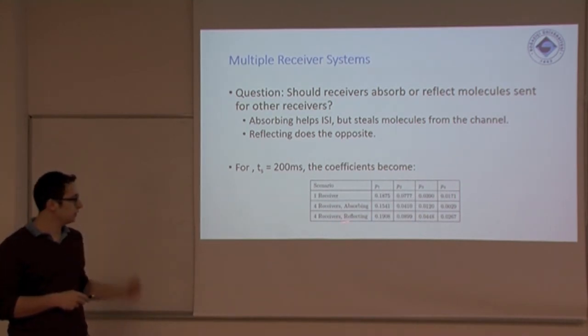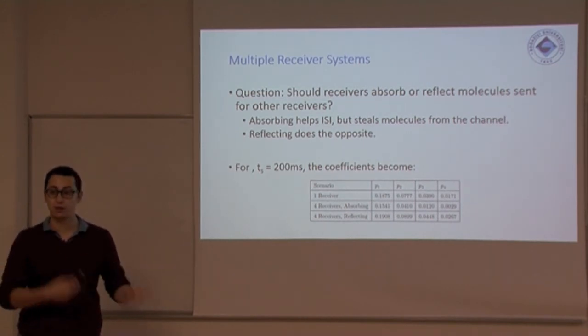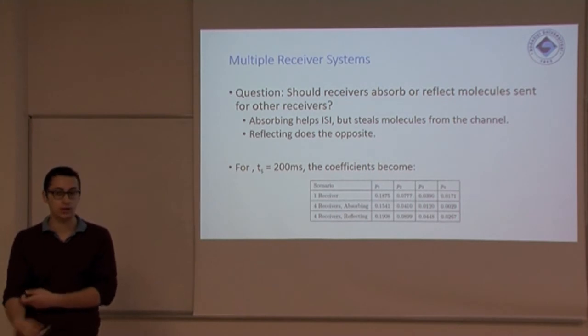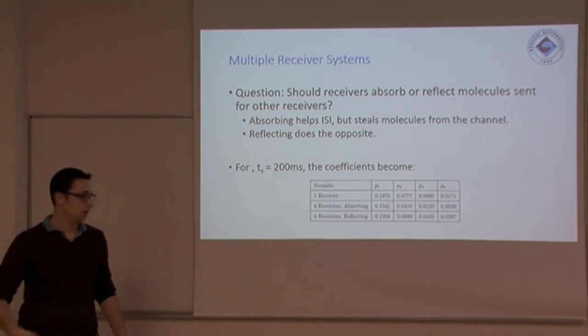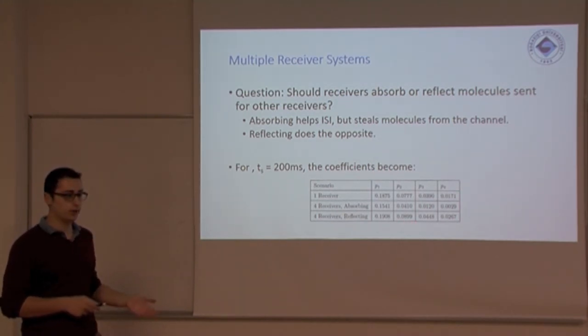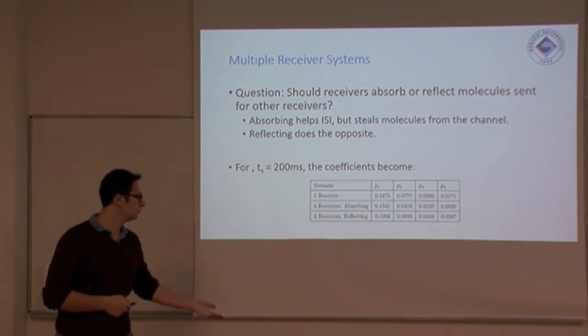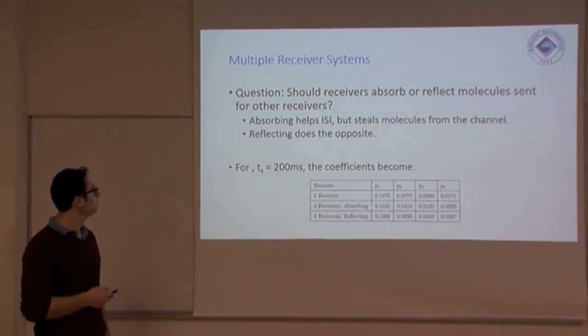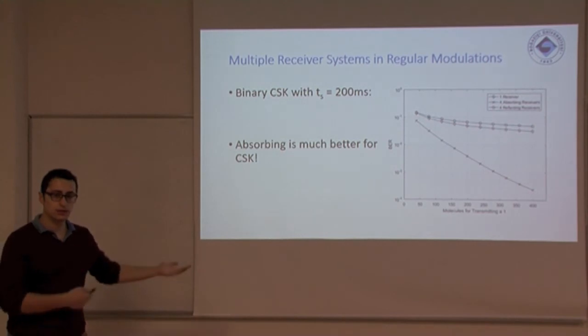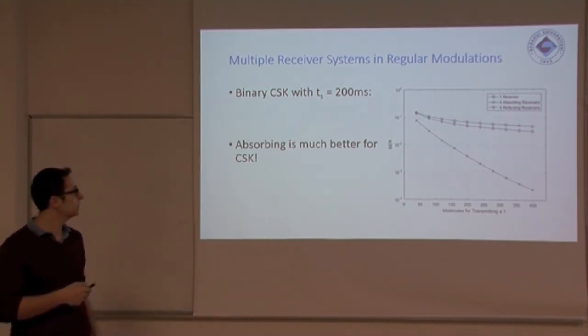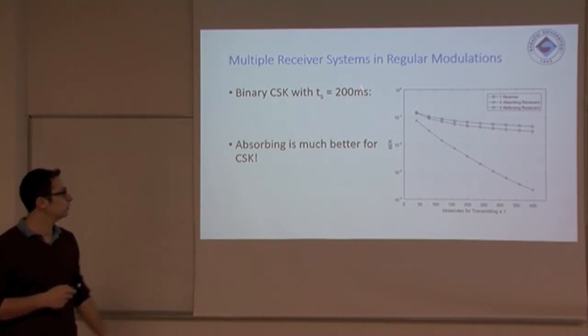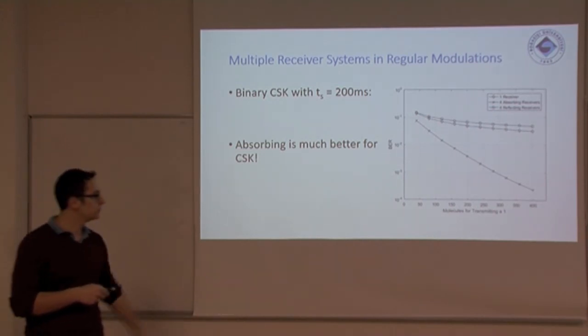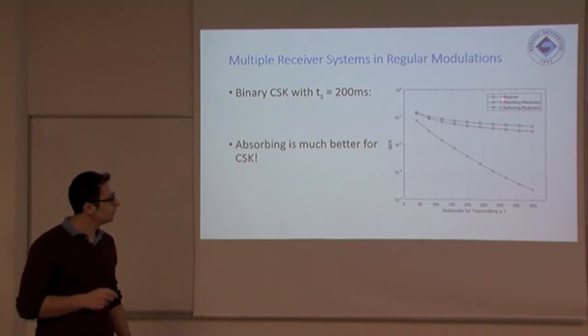And in the reflecting case, we have a higher number of molecules, higher probability of a molecule arriving at the single link eventually, but we have ISI worse in this scenario. So in a CSK scenario, a concentration shift keying scenario, using these channel coefficients, we have a single receiver scenario right here in the middle.